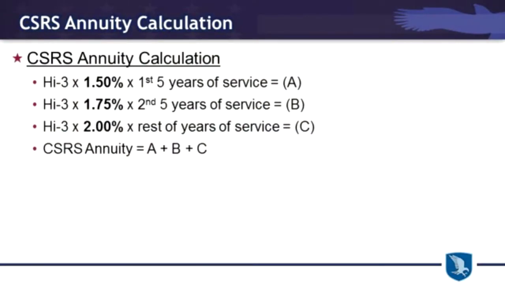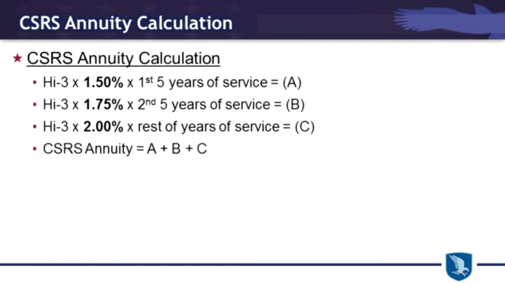Now let's talk about the formula for the calculation itself. There are actually three different components for your calculation. We have secured your high 3. You know your number of years of service, the two most important components of your annuity calculation. And now you will see the percentages used to come up with your annual number.